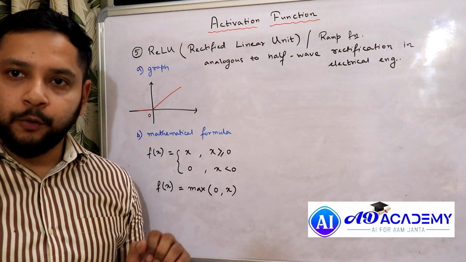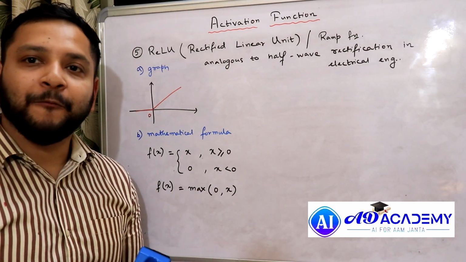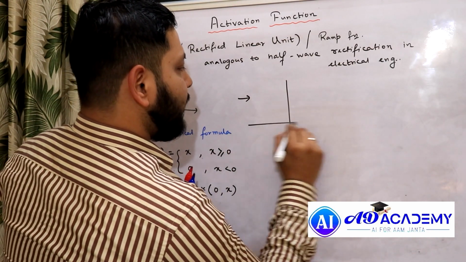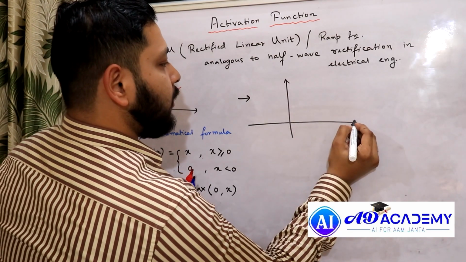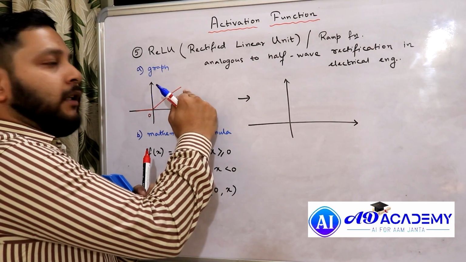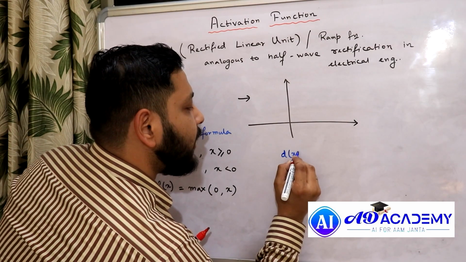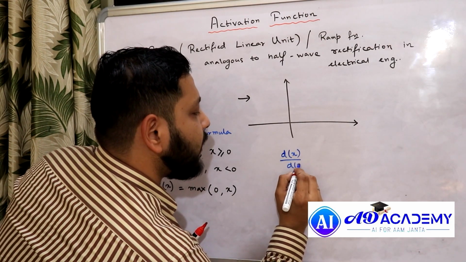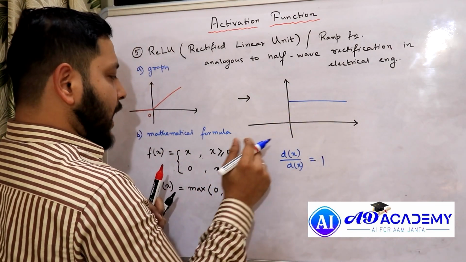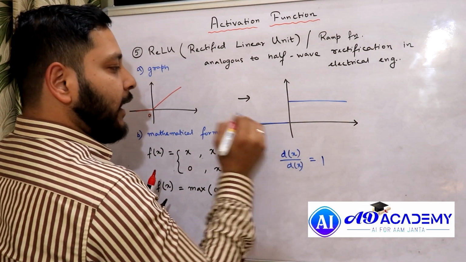When we are using ReLU in neural network as an activation function, then in case of backpropagation, we have to find the derivative of this function. Now let us understand what the derivative will be. So the derivative of this function when x is greater than 0: the derivative of x with respect to x will give you a constant value. So the derivative will be like this, and when x is less than 0, then the derivative will be like this.